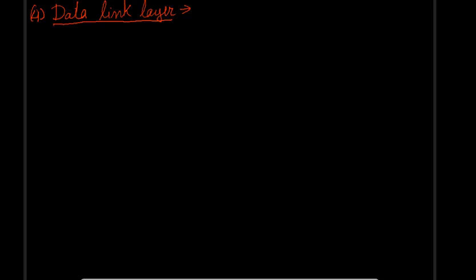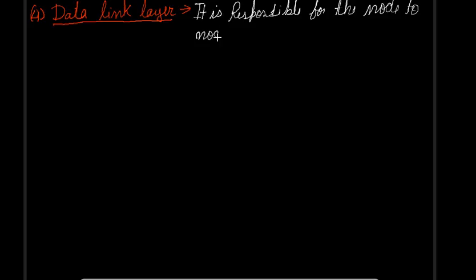So data link layer is responsible for the node to node delivery, right? So what happens in the data link layer is that there are different things that the data link provides. So what does the data link provide?